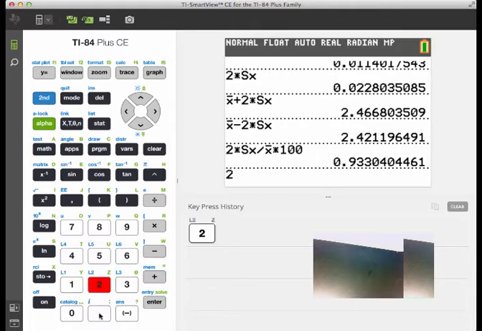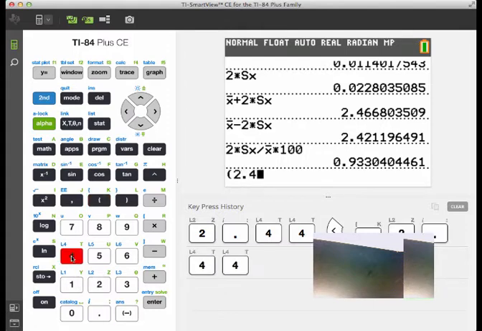So we start out with 2.44. And we want parentheses in front of that, and that's important. 2.44 plus 2.43 divided by 2.